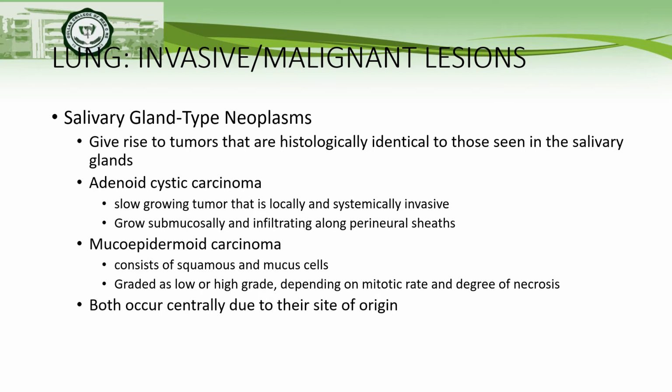Both of these occur centrally due to their site of origin. Adenoid cystic carcinoma is a slow-growing tumor that is locally and systemically invasive. They grow submucosally and infiltrate along the perineural sheaths. Mucoepidermoid carcinoma, on the other hand, consists of squamous and mucous cells and are graded as low or high grade depending on the mitotic rate and degree of necrosis.